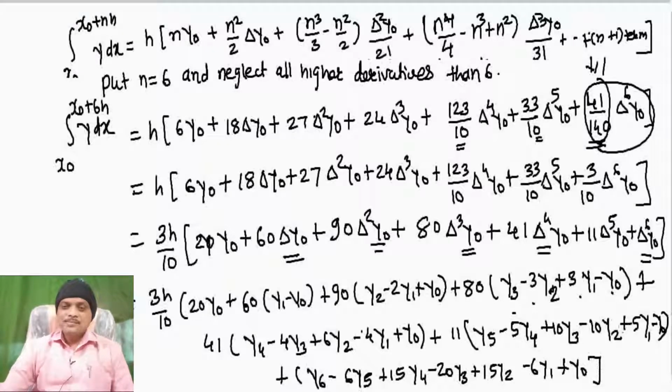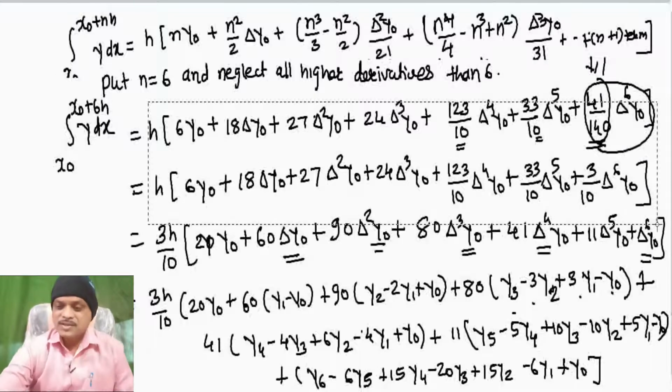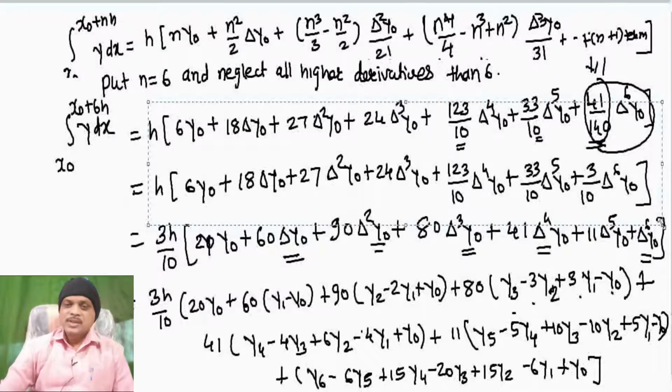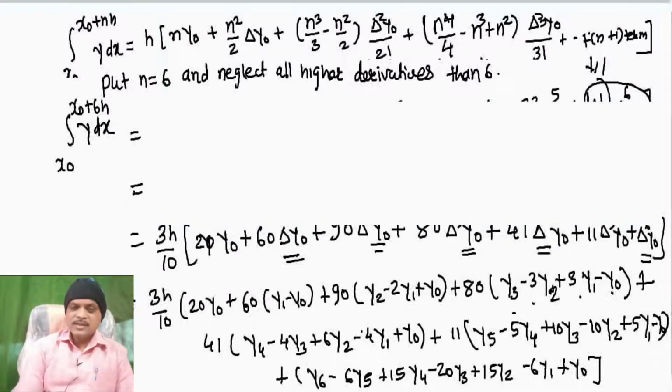Now see the coefficients of every term, y0, y1, y2 like this. If we write the coefficients, this will be 3h divided by 10 into, see the coefficient of y0 everywhere.